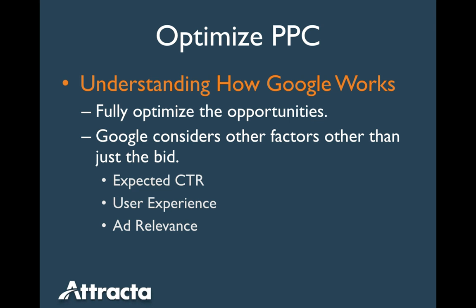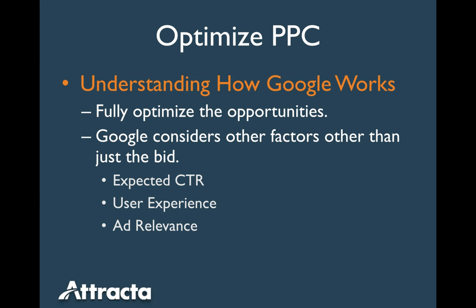So bear in mind that when you're writing your ad copy, Google are looking at the historical click-through rate of those particular ads. They do want to provide a good user experience, and this links into relevance. If somebody searches for children's shoes, for example, they want to arrive at a destination that is actually selling children's shoes.